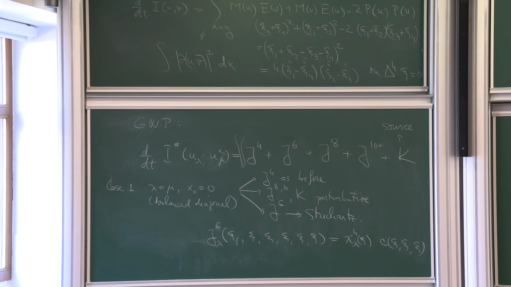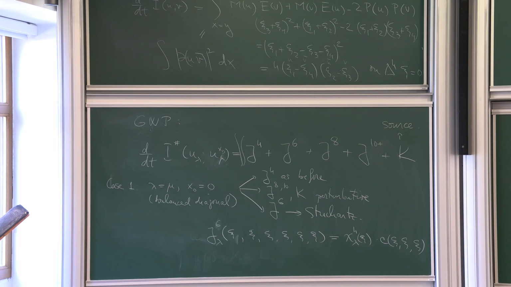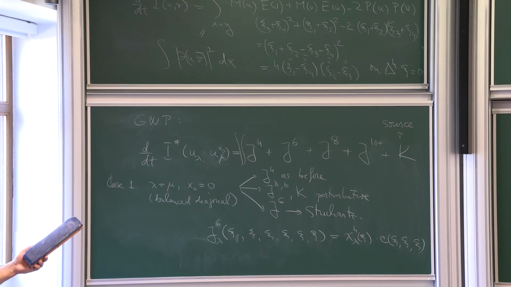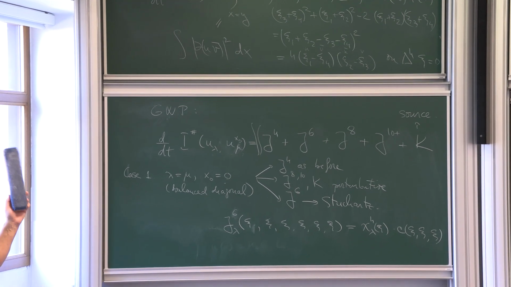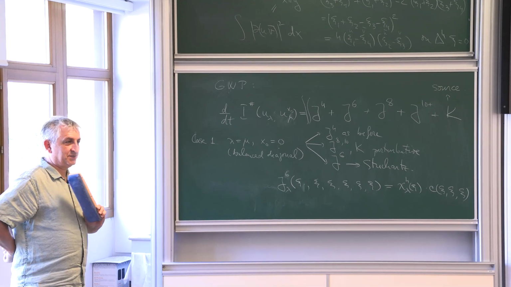All right, so it's a bit of a leap of faith to believe this formula. In the beginning, we tried to prove it by hand. We suspected this must be true, and the reason we suspected it must be true is because we checked that it was true for the cubic NLS.